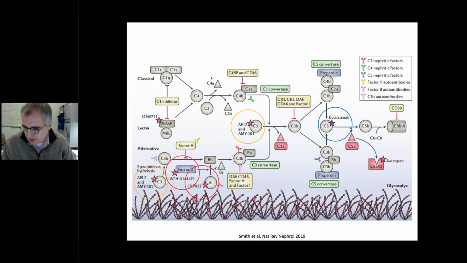We were hoping to learn something, looking at the difference between those two, highlighting different steps of activation within the complement cascade, but we didn't find a difference. So I think the learning that you have through C3 staining, C3C staining is similar and will not be exceeded by C5b9 staining.